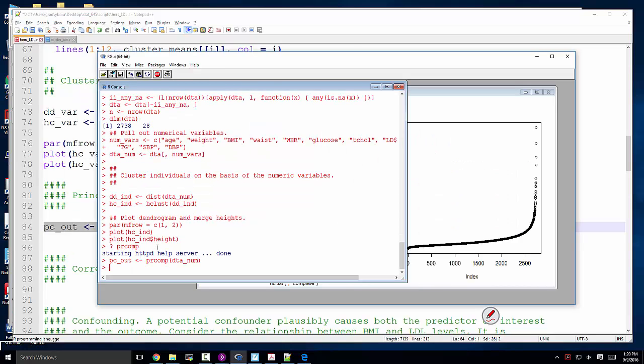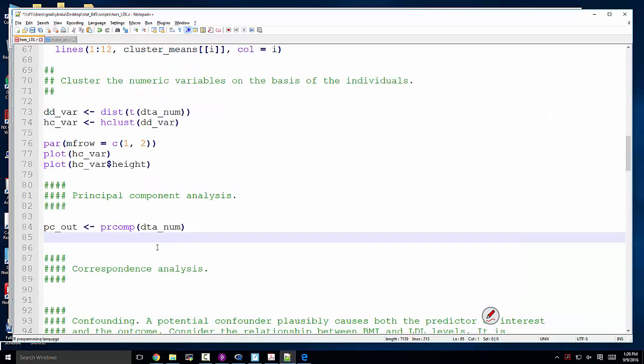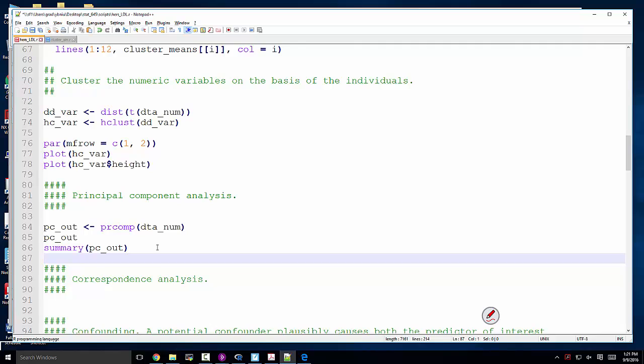All right, so there's goodies inside pc_out. There's a couple of different ways to view the goodies. One is just to print pc_out. Just type pc_out, hit enter. It'll show you some information. You can see additional information if you ask for the summary of pc_out.